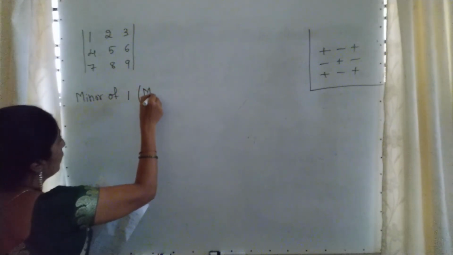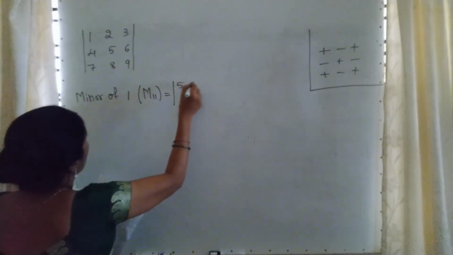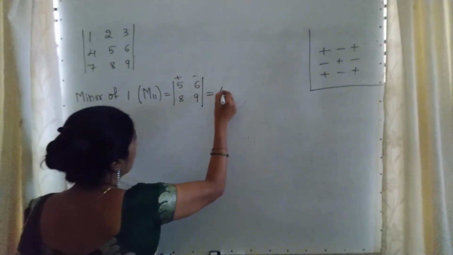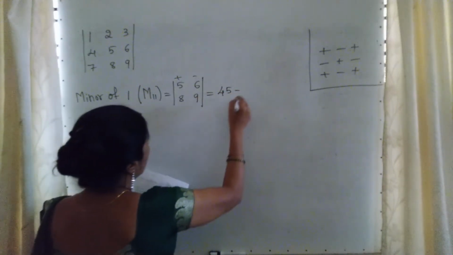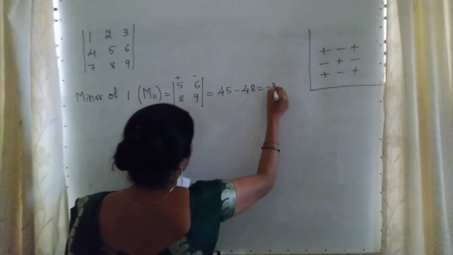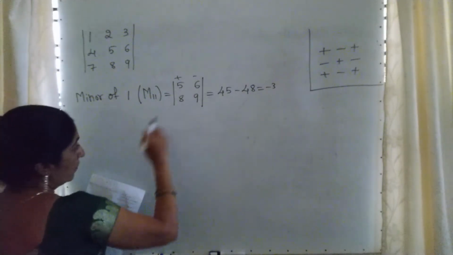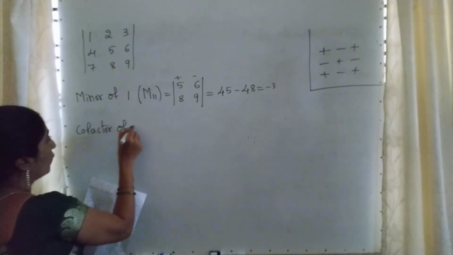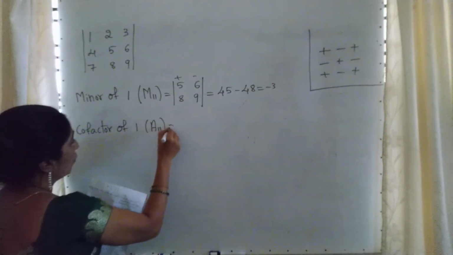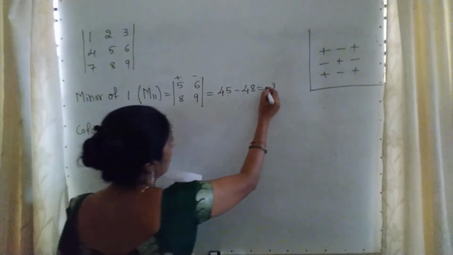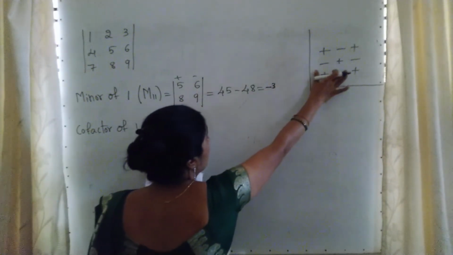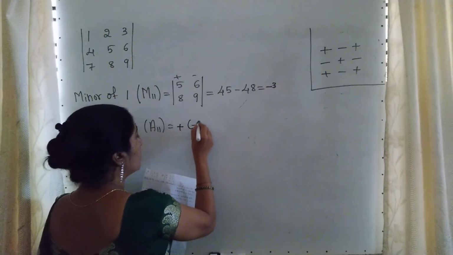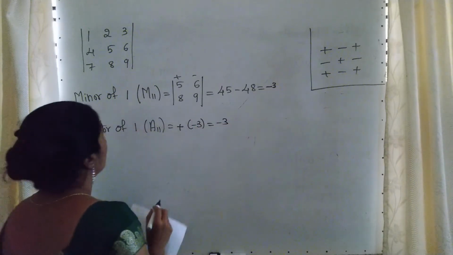It is M11, 5, 6, 8, 9, that is minus 3. There is no place, that's why I am writing below. Cofactor of 1, that is A11. I am not doing all this calculation. Whatever is the answer, for that answer I am using this reference table for sign. So it is plus of minus 3, what is it? Minus 3.